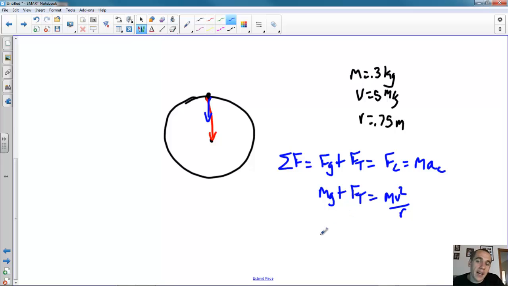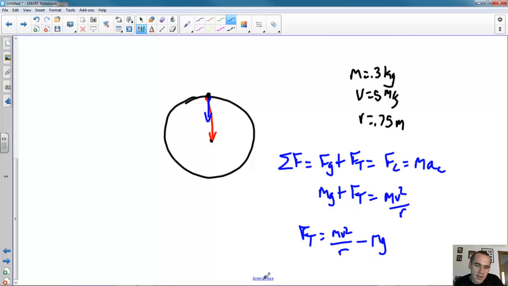So now when I find Ft, I can see that Ft is going to be equal to mv squared over r, or the centripetal force, minus mg, the force due to gravity. Because gravity is supplying some of the force required to spin it in a circle, we don't have to pull quite as hard on the string.